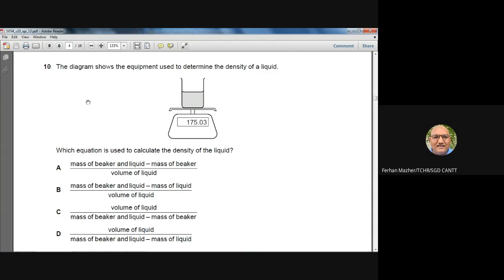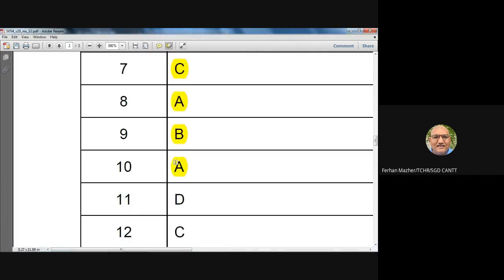You will get the mass of the liquid, and divide it by the volume of the liquid. So mass of the beaker and the liquid minus mass of the beaker, divided by the volume of the liquid, A is the right option, because the formula is mass divided by volume. It's an easy question. A is the right option.